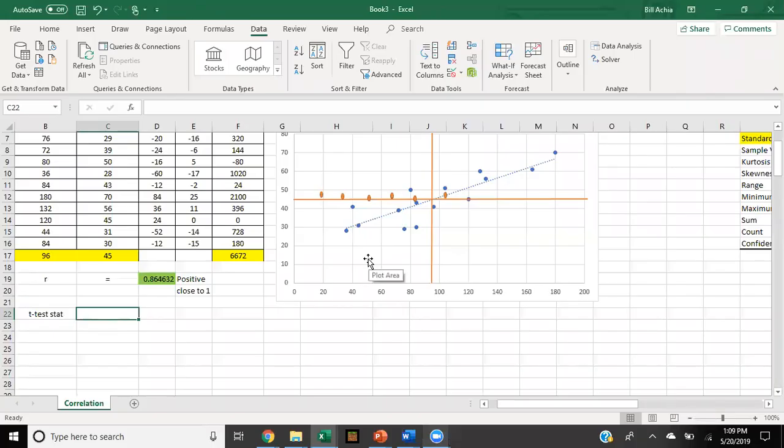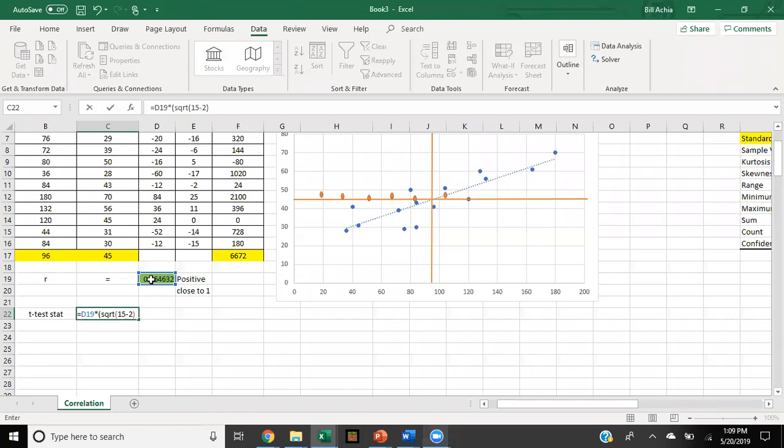Our t-test statistic takes the r that we calculated here. So our t-test statistic would equal r multiplied by the square root of n, which is the number of data points in your sample, which was 15, square root of 15 minus 2. Okay, your degrees of freedom, kind of.